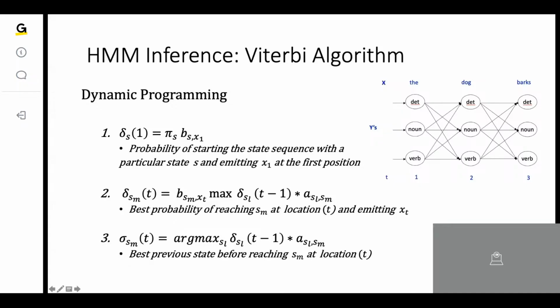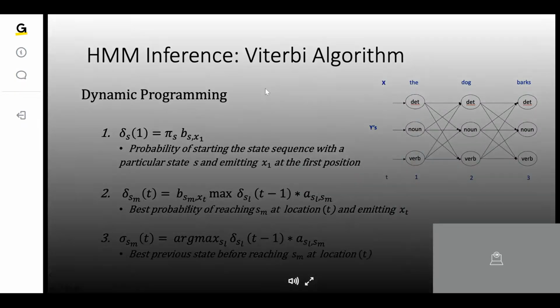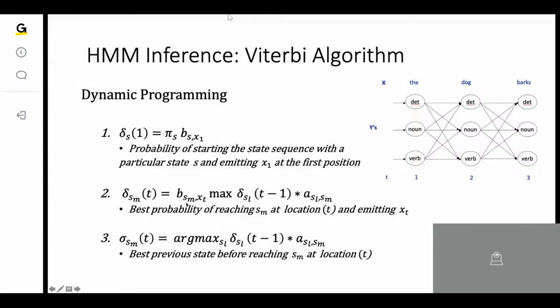So by making use of the Markovian assumption, we can rewrite deltas in terms of previous deltas and the transition probabilities from that particular state to the current state, and also the emission probability of being in the state S_t and emitting the symbol x_t.